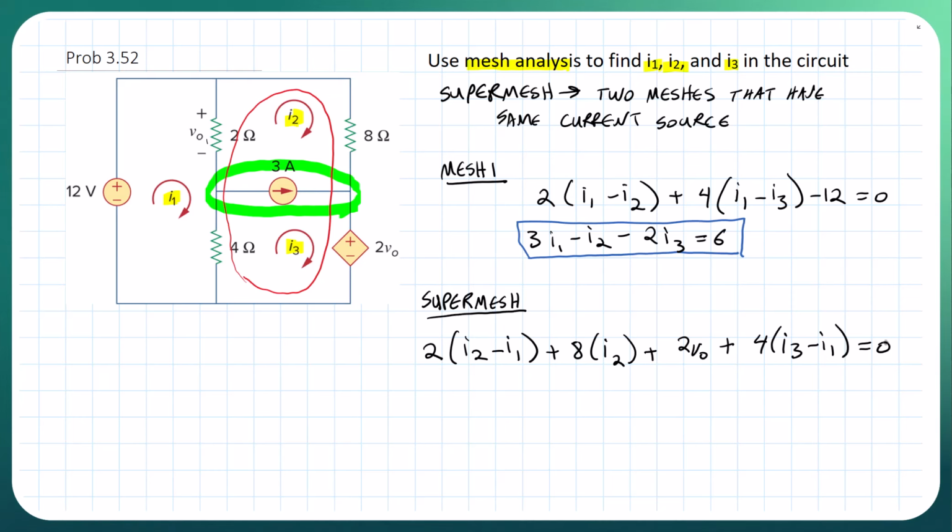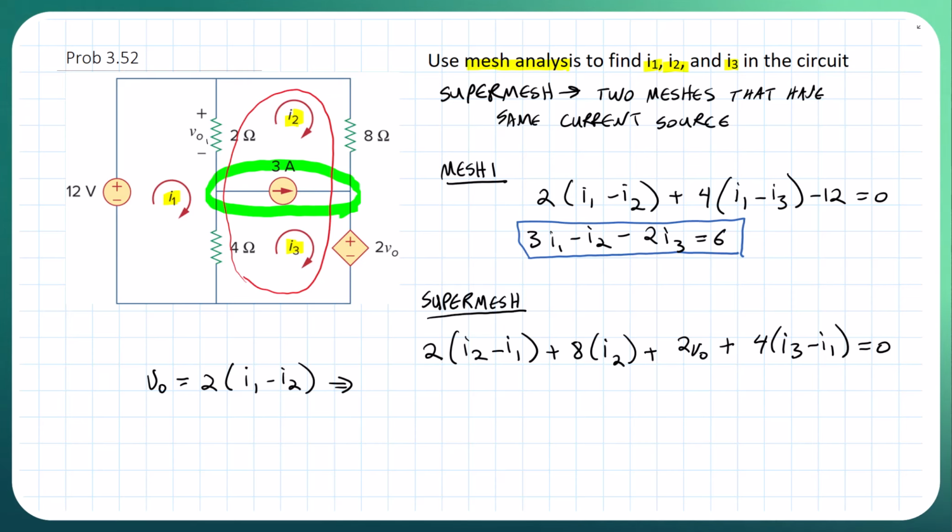And then we plug this in here, I got V naught equals 2 times I1 minus I2. But the question is, where did we get V naught equals 2 times I1 minus I2?